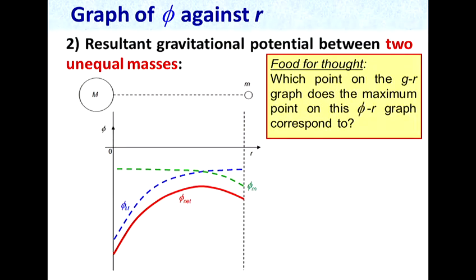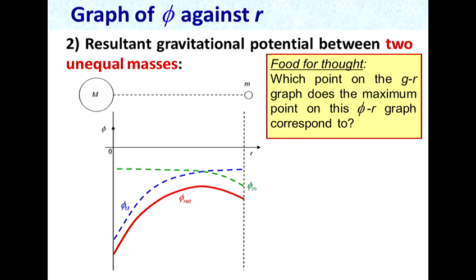A question. There is a maximum point. You compare this potential versus distance graph with the graph we drew earlier, gravitational field strength versus distance. This maximum point, which point does it correspond to on the G versus r graph?